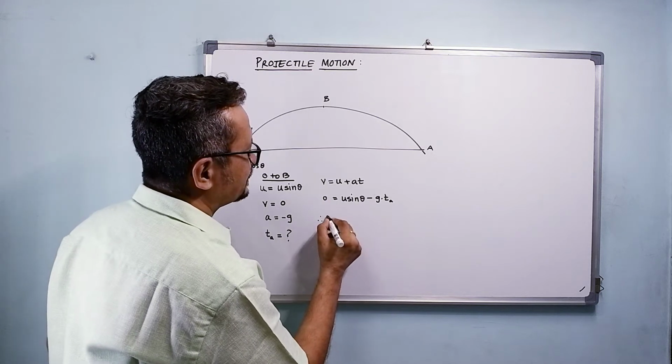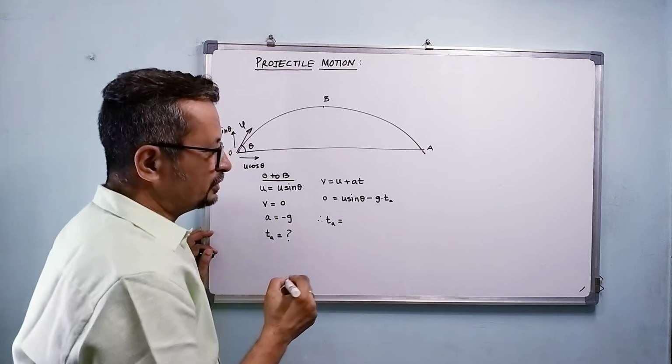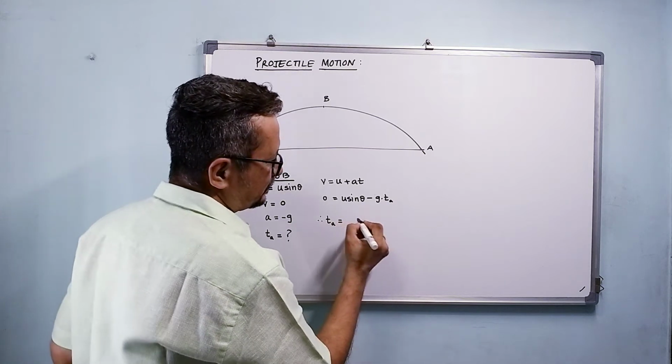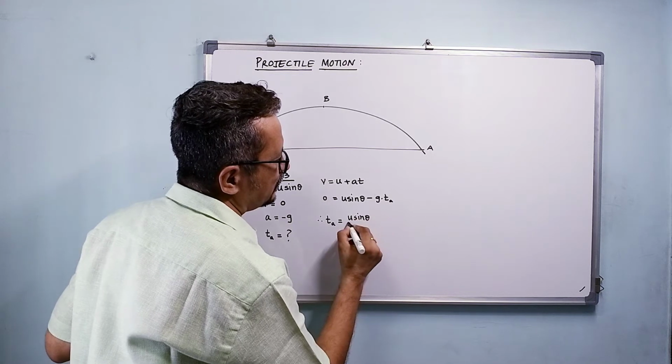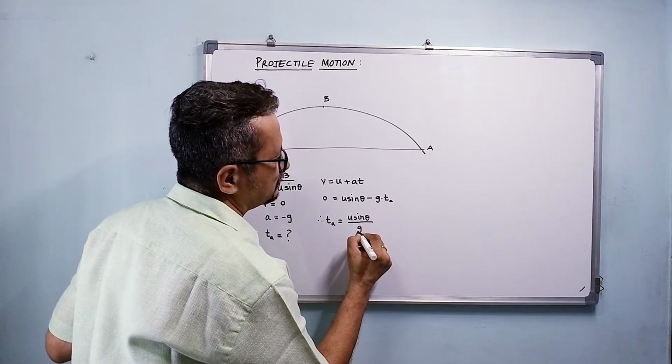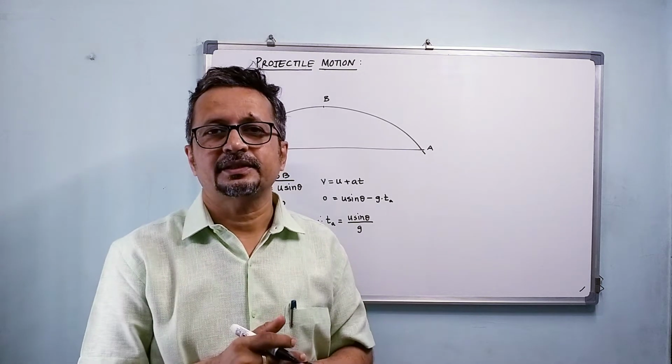Therefore my time of ascent is equal to how much? It is U sin theta upon G, correct?